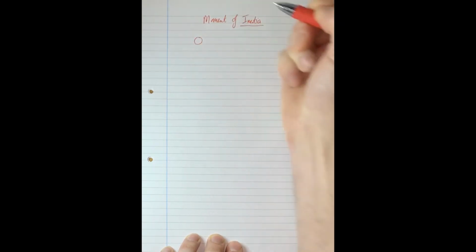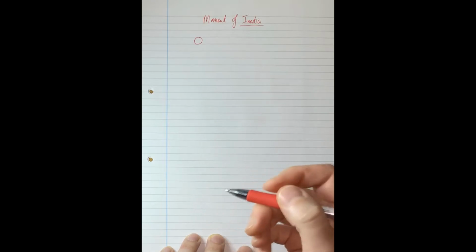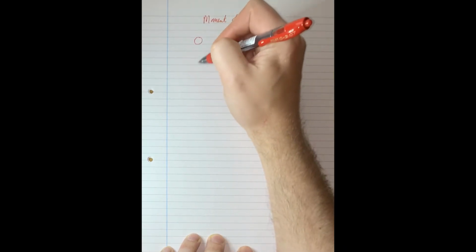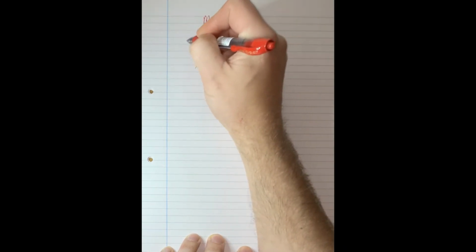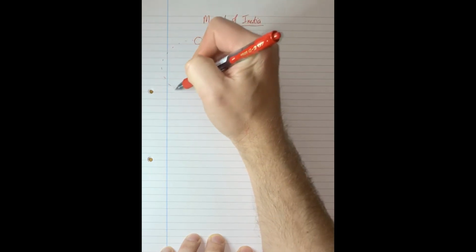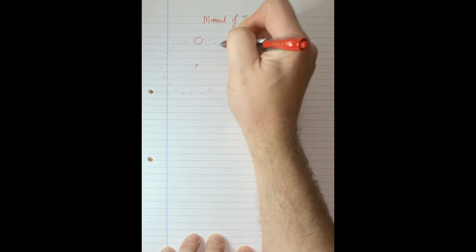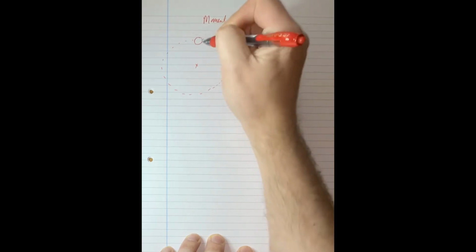If I discuss an example of something rotating about a point, so I'm moving in a circle, I've got a mass that's going to be rotating in this circle.